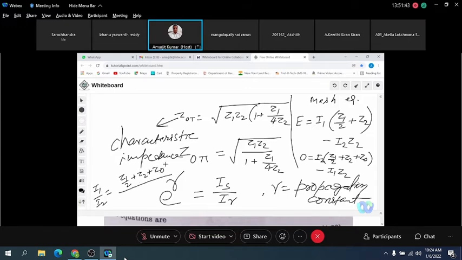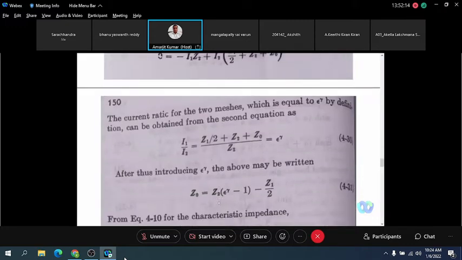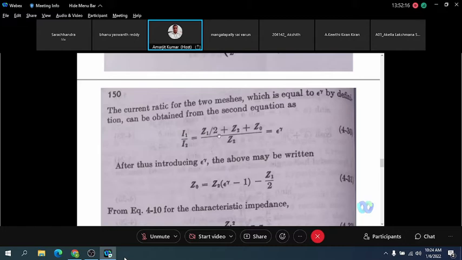This is a symmetrical network terminated in its characteristic impedance Z0, so the input impedance will also be equal to Z0. Is it correct? So this will be equal to e to the power gamma. Now come here. See here: I1 upon I2 is equal to e to the power gamma, that we have done.